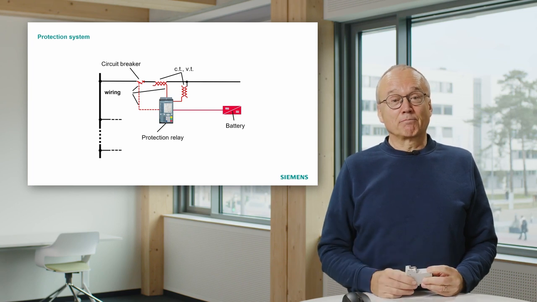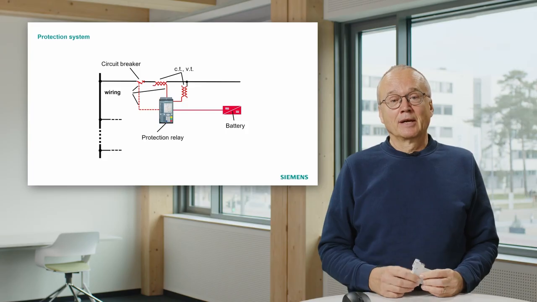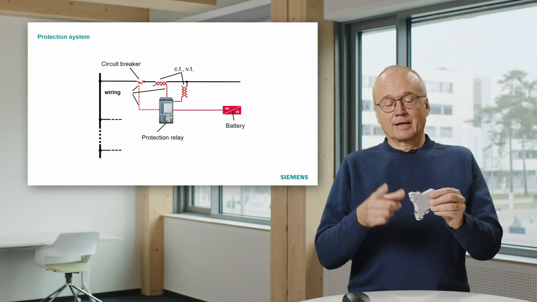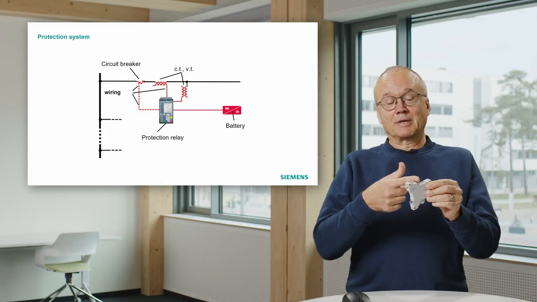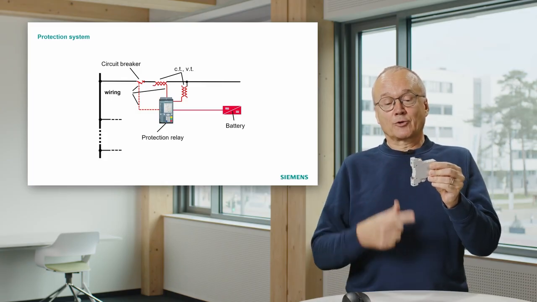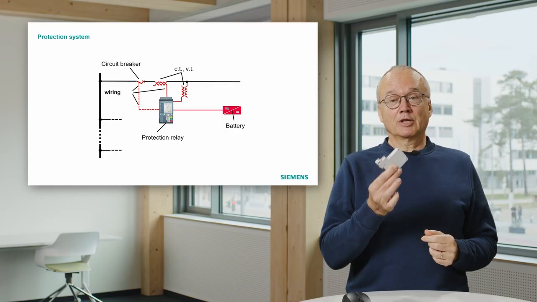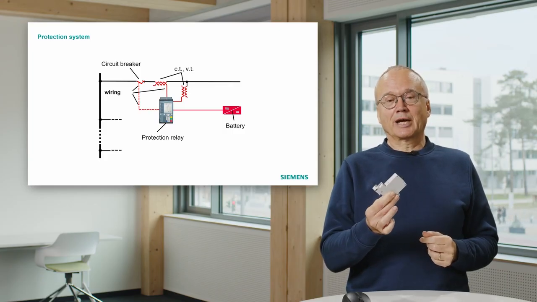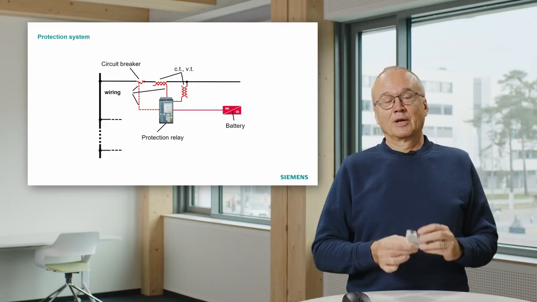Their job is pretty much similar, but on the other hand, there are differences. This device here directly measures the current. In this case, it has only current. That means the current flows directly through this device. It makes the decision. If it says, okay, there is a short circuit, I will trip. It also interrupts the current.